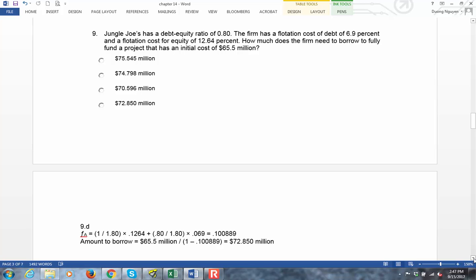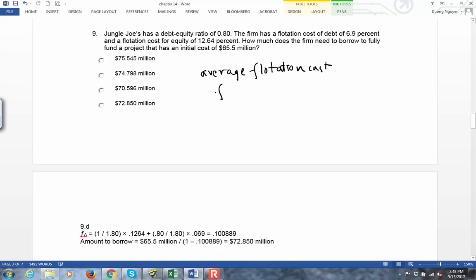How much does the firm need to borrow to fully fund a project that has an initial cost of $65.5 million? So first you have to calculate the average flotation cost.